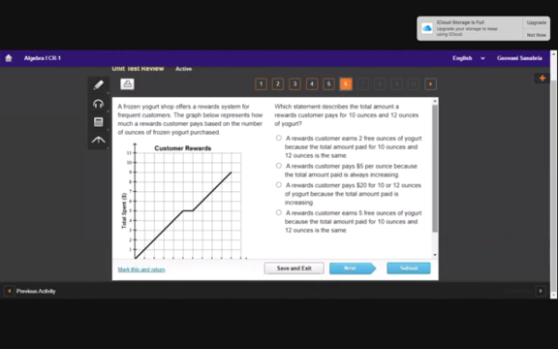They're paying $5 for the 10 ounces, but they get 12 ounces. I think that one's the right one. If it were 5 free ounces, the flat spot should go from 10 all the way up to 15. So it's that first one.